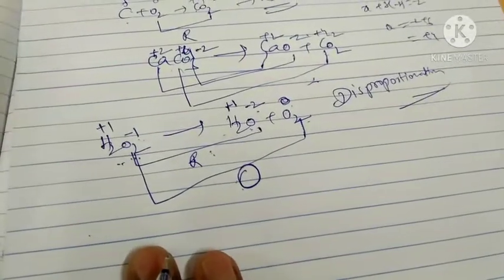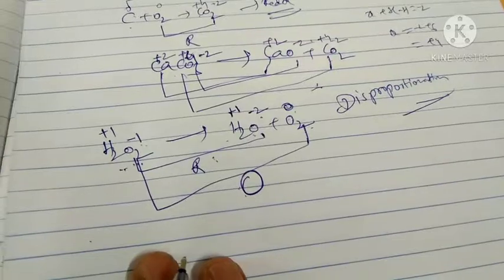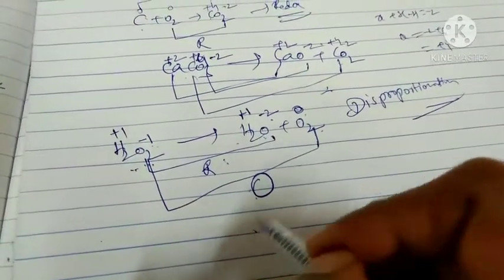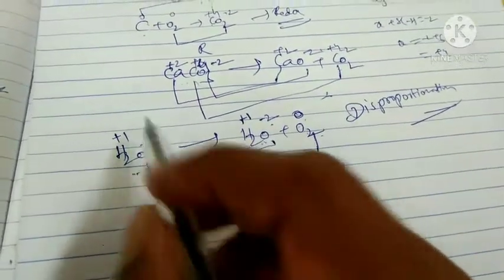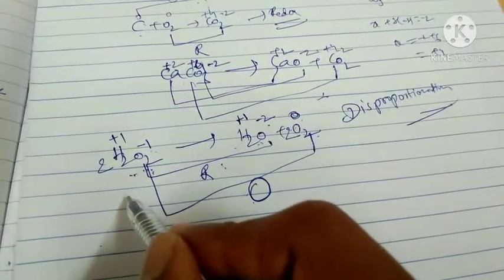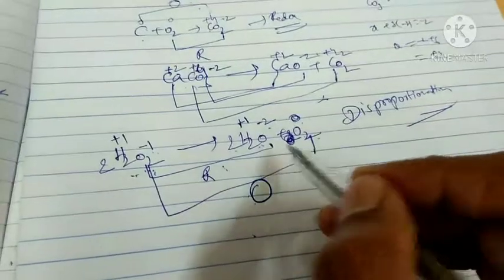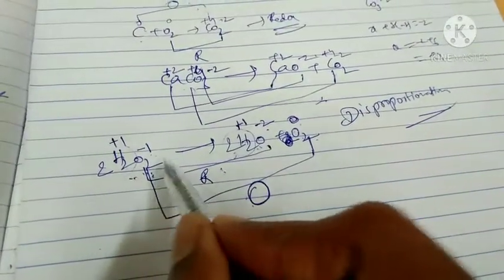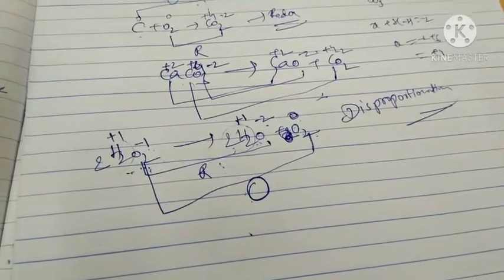The reaction in which only one element undergoes oxidation and reduction. One more example. Before discussing that example, I will balance this reaction. Here how many oxygens? 3. Here only 2. So put 2 here. Then put 2 here. Put 2 here. Then this reaction would be balanced. 4 hydrogens, 4 hydrogens, 4 oxygens, 2 plus 2. So all atoms are balanced.